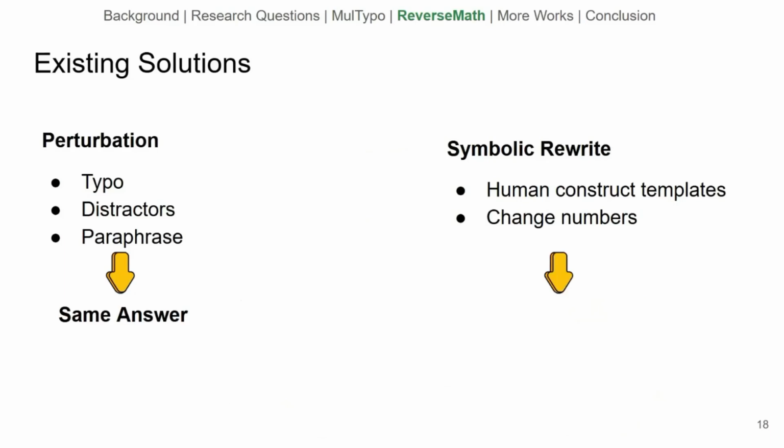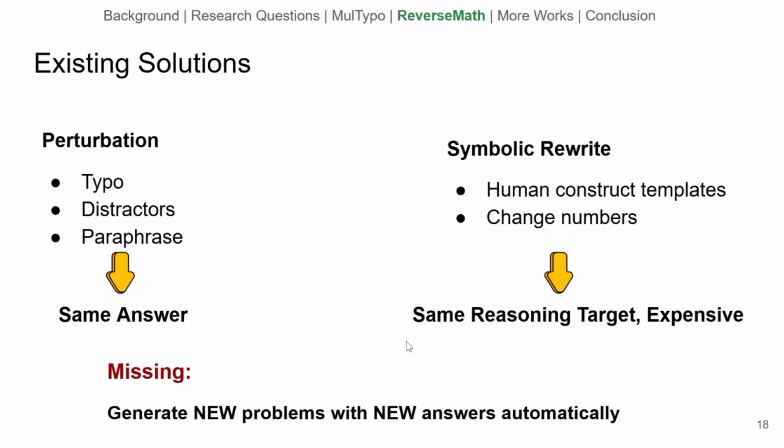But although this work already changed the answers, it also has some limitations. Although it changed numbers, the new questions still follow similar reasoning paths, and because it involves human annotators, it's very expensive. So what is missing is how we could generate new problems with new answers automatically.